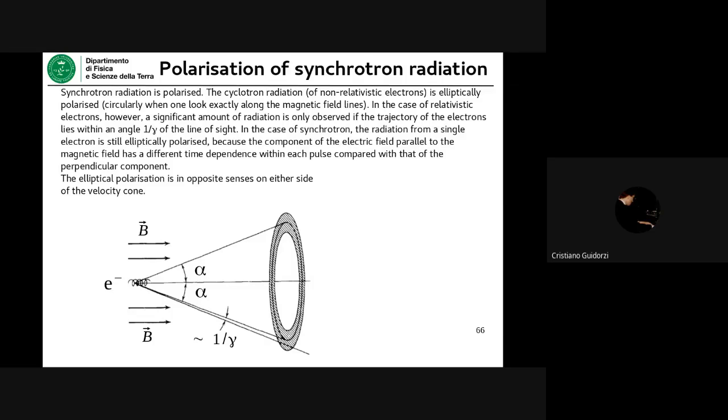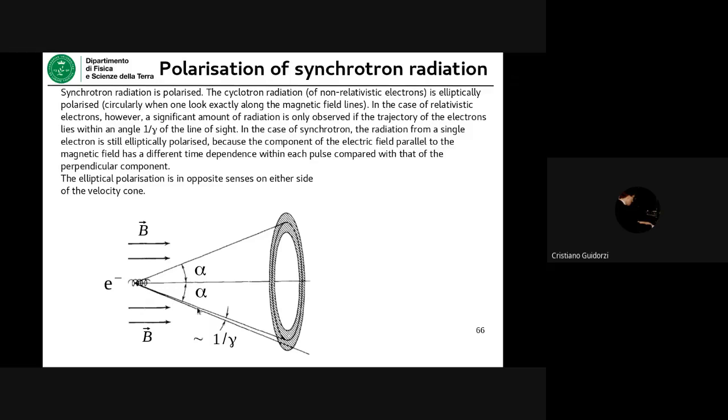But again, here, if you assume that gamma is the Lorentz factor, 1/gamma is a relatively small angle, because we are talking about ultra-relativistic electrons. So if you remember, because of relativistic beaming, most of the radiation is emitted within 1/gamma angle of the velocity, which rotates keeping an angle alpha with respect to the horizontal lines. Let's suppose the velocity at some moment is right here.